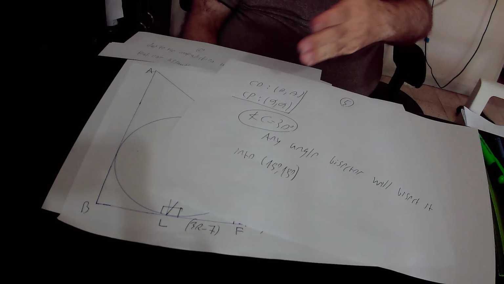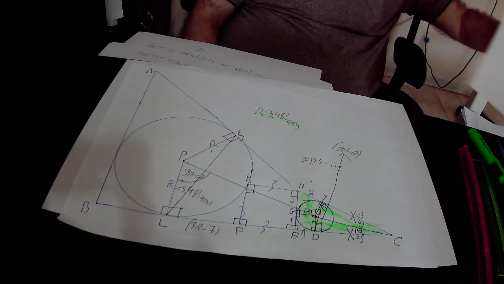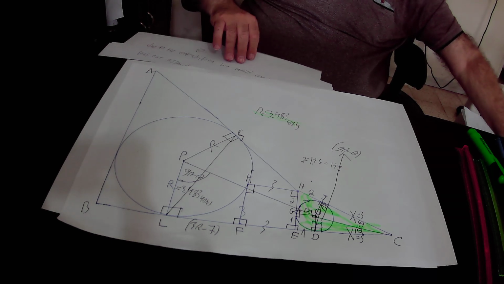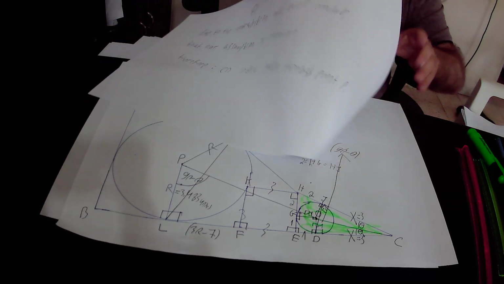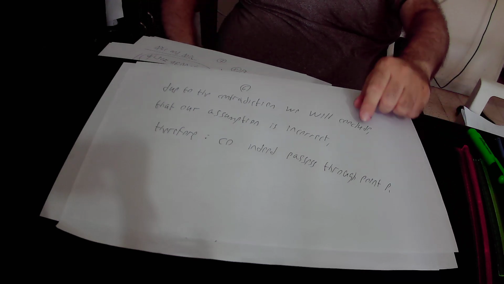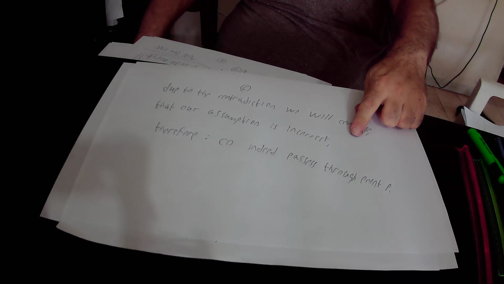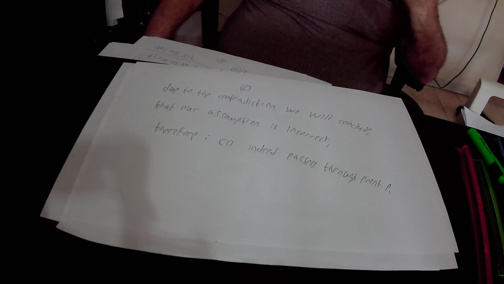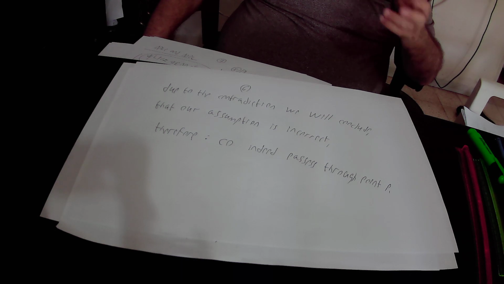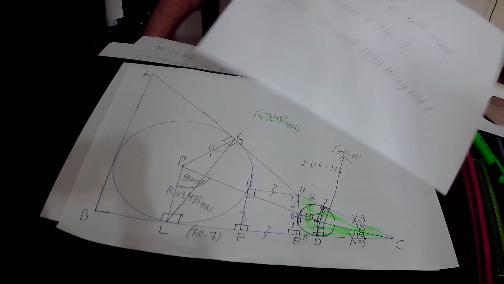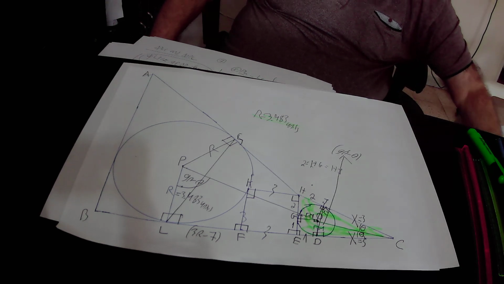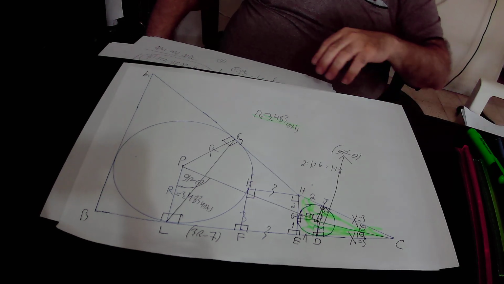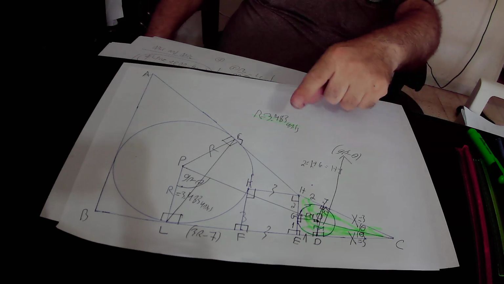So it is a contradiction, and due to the contradiction, we conclude that our assumption is incorrect, and therefore CO indeed passes through point P. So we finish with the proof that CO passes through point P.